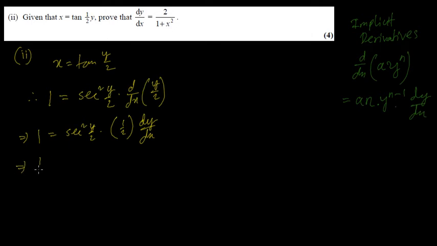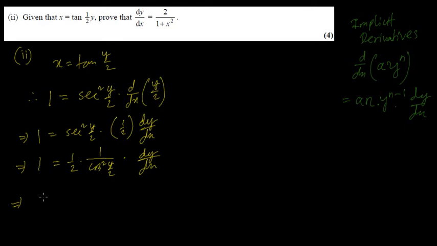So let's simplify. 1 equals, now we can write half into sec squared y by 2, since sec squared theta, theta is y by 2, is 1 by cos squared theta, times dy by dx. So now we can send this to the other side.